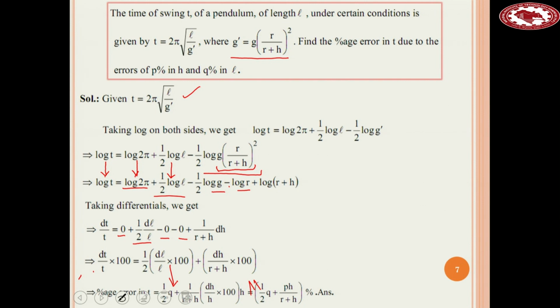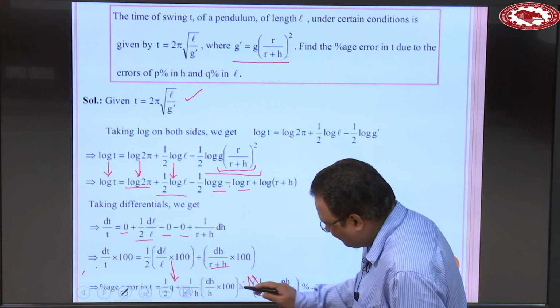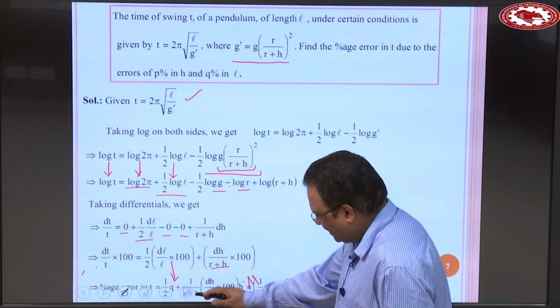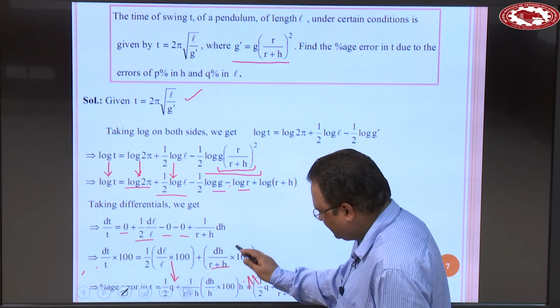For this, 1 over R plus H, dH over H into 100, multiply by 100. When you cancel H and R plus H, we obtain the same result.